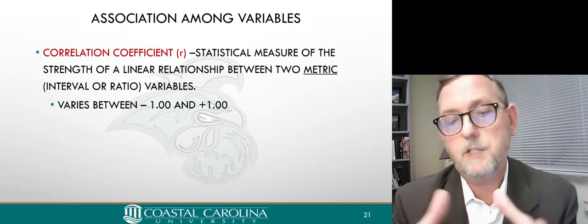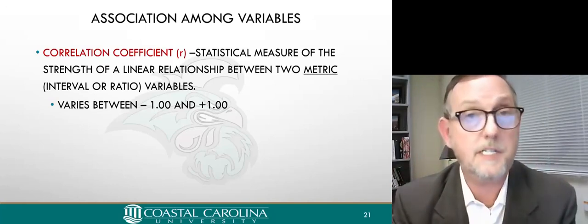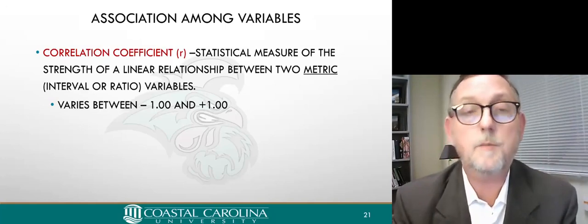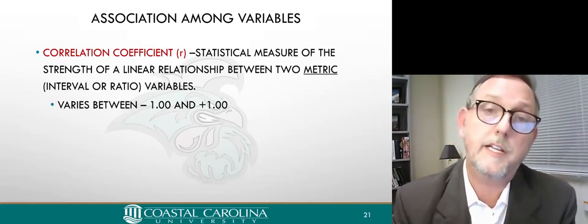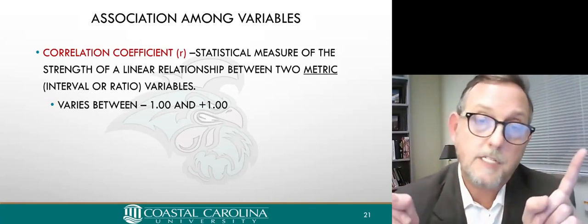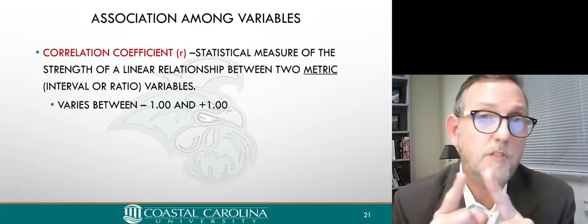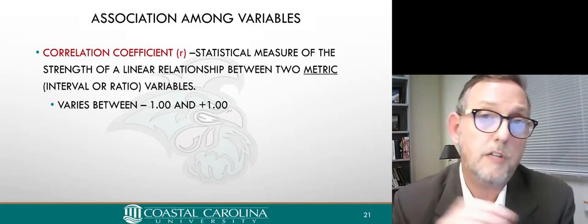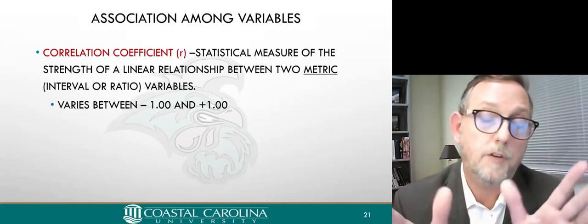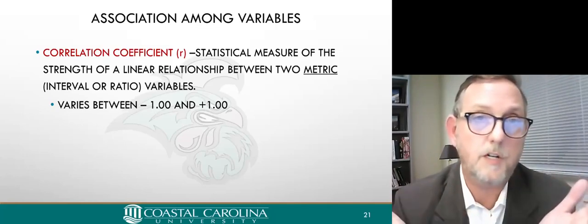1 means these two variables are perfectly correlated positively. Negative 1 means they're perfectly correlated negatively, so in the opposite direction. As those numbers in either direction approach zero, zero means there's no correlation at all. So if you get an R close to zero, those two variables are not correlated.